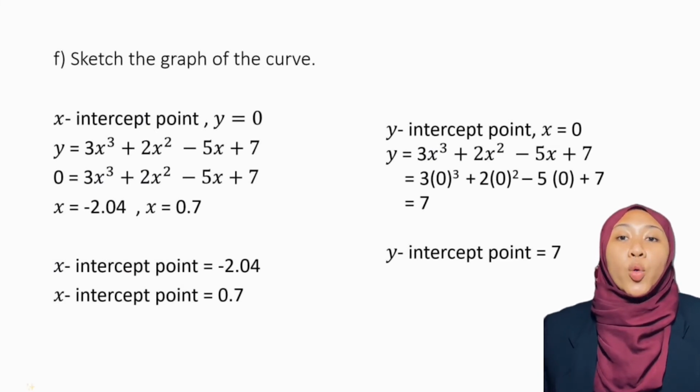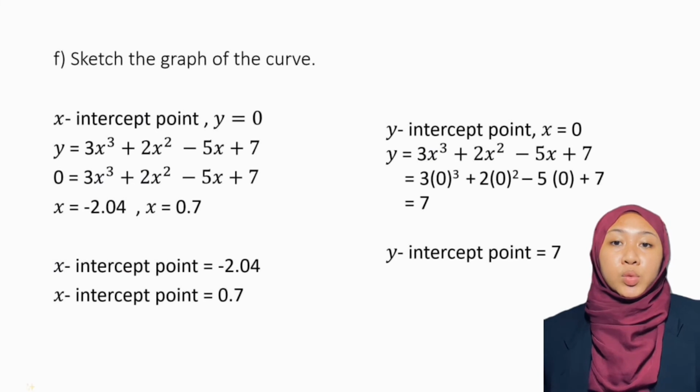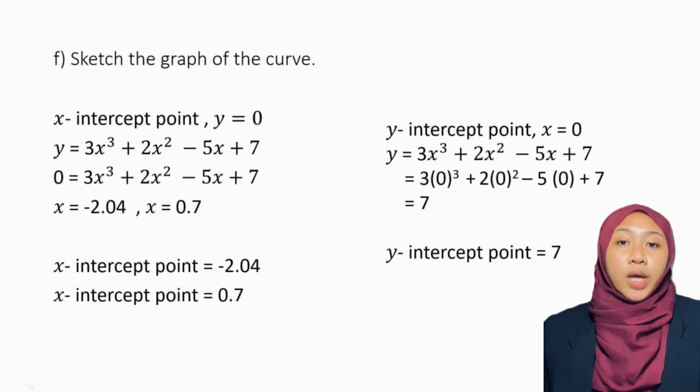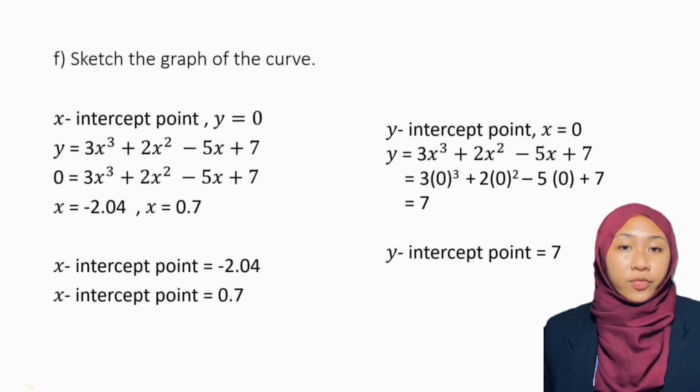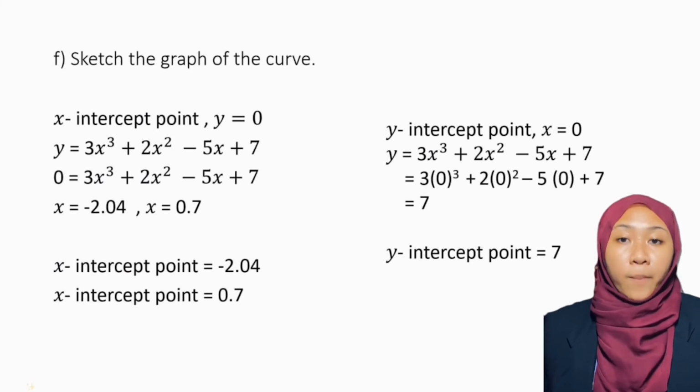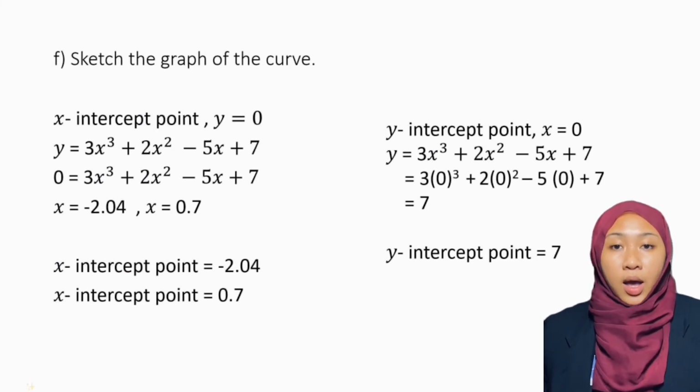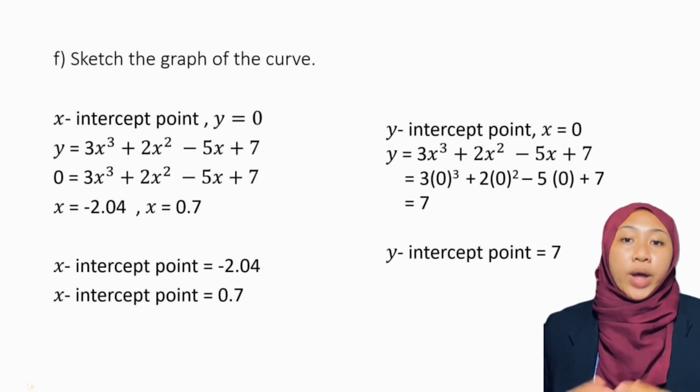And next, the y-intercept point, x is equal to 0. y = 3x power of 3 plus 2x power of 2 minus 5x plus 7 equal to 3 multiply 0 power of 3 plus 2 multiply 0 power of 2 minus 5 multiply 0 plus 7, and the answer will be 7. The y-intercept point is 7.